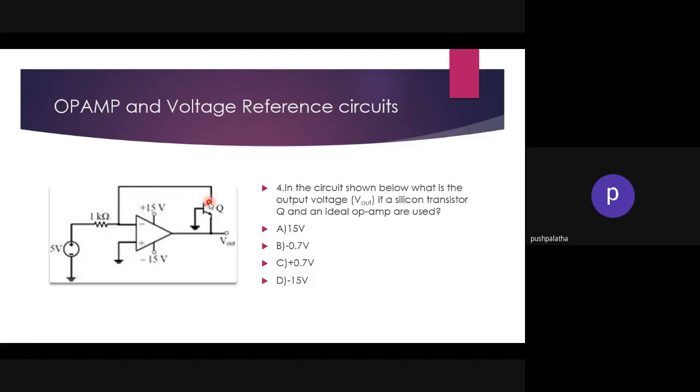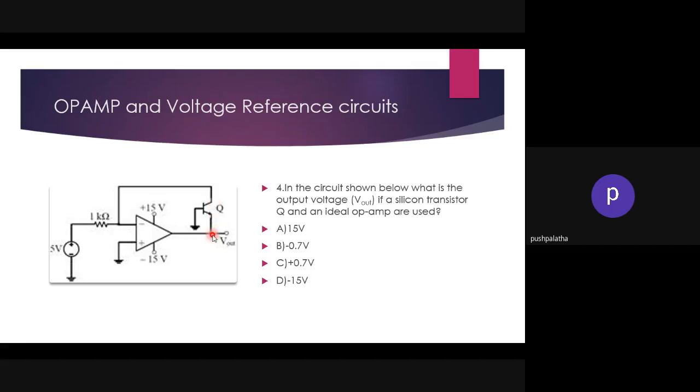Next, you look at the base, which is grounded, so VB is also 0. What is your output? VE only we need to find out. The output voltage is VCE, that is VC minus VE. But VC is 0.